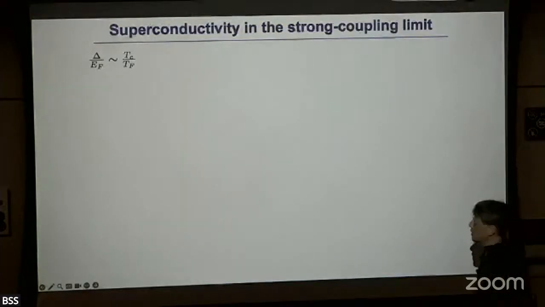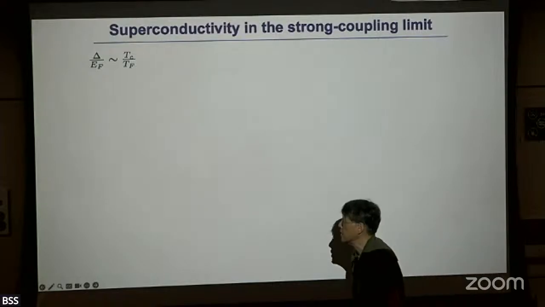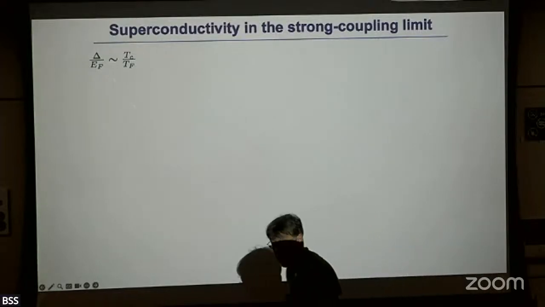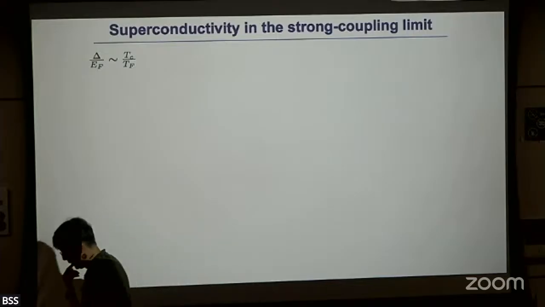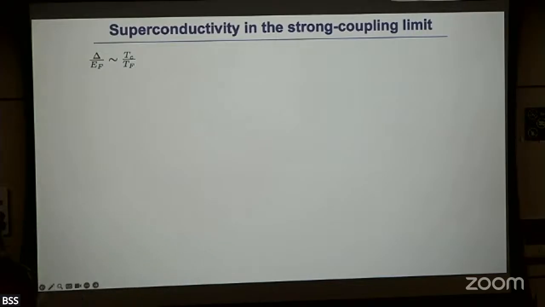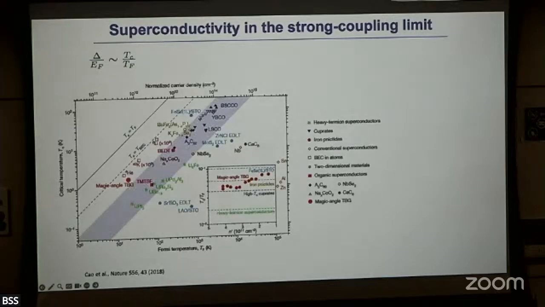The other thing about unconventionalness is basically comparing the gap with the Fermi energies. In a conventional superconductor, of course, the gap is much, much smaller than the Fermi energy. It turns out that if you do a very similar analysis on many unconventional superconductors, including the cuprates, this ratio becomes much, much larger.